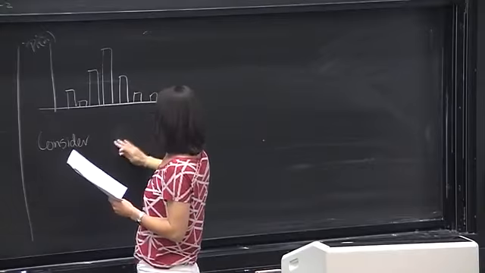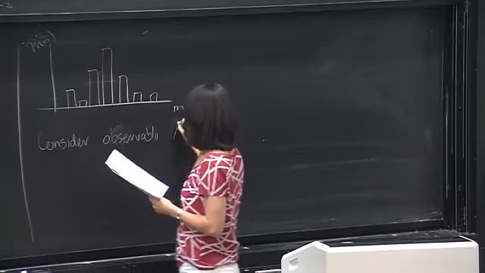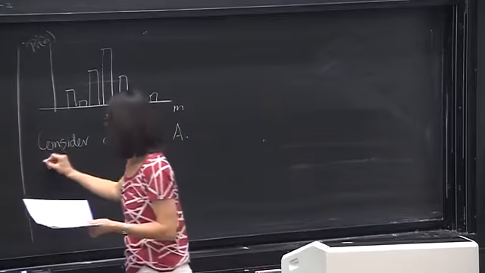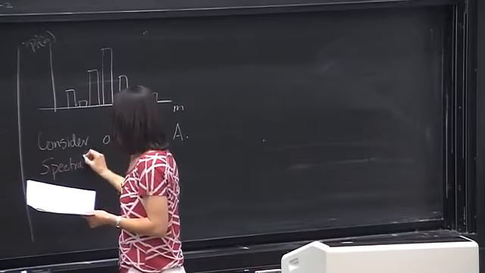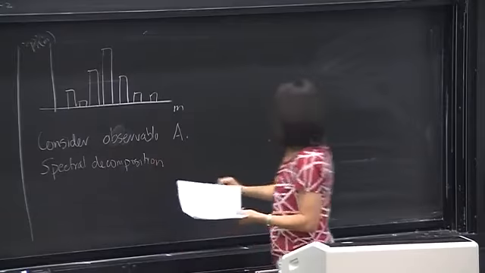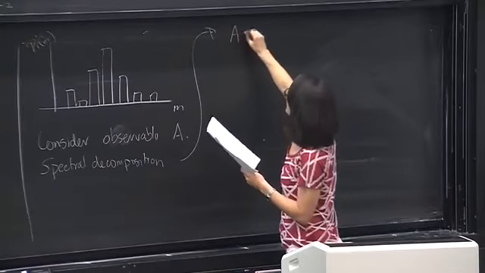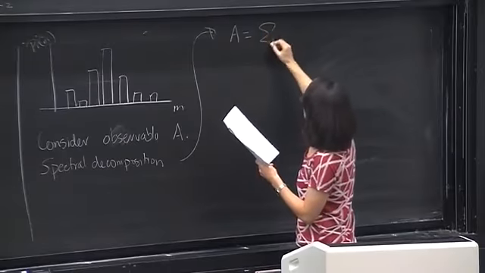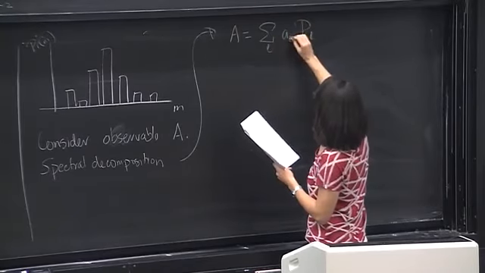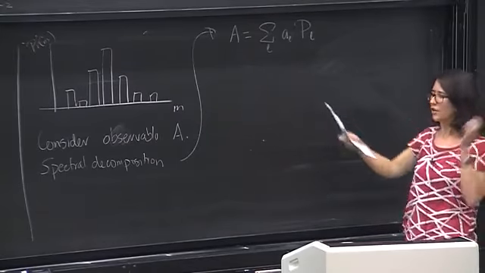Consider an observable described by the operator A. So A can always be decomposed into what's known as a spectral decomposition. So these are going to be the eigenstates of the operator, and these are the eigenvalues of the operator.